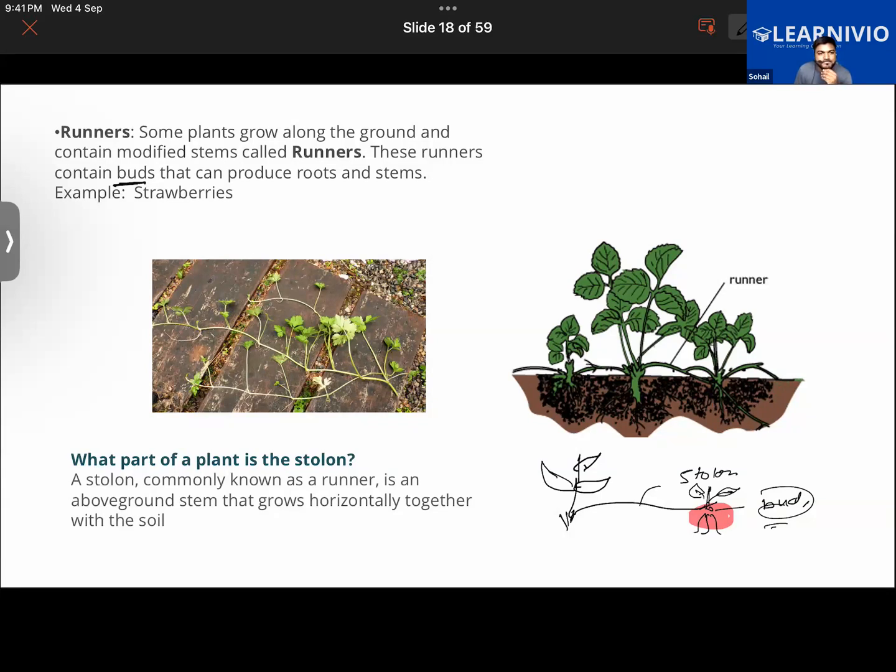Yeah, Priyanka. Stolon, exactly. Stolon is another name for the runner. Okay, Priyanka, you rejoin again. I think we're having a network issue.